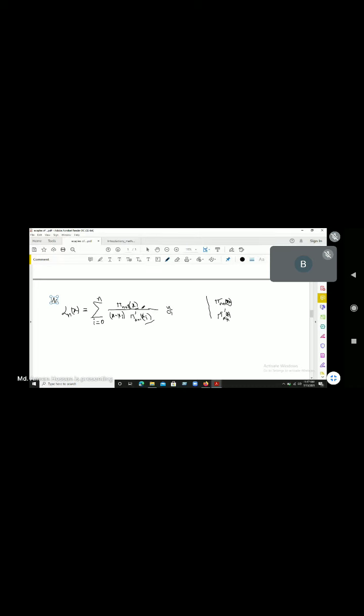Here is xi, here is x. Two different things.